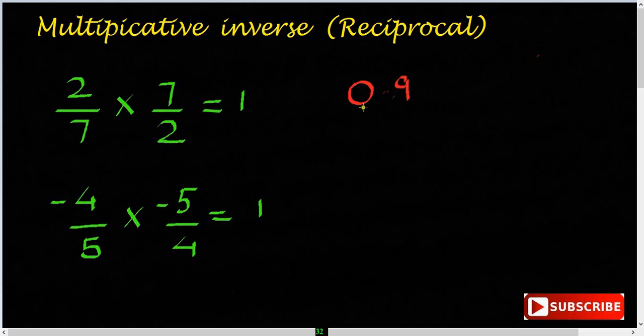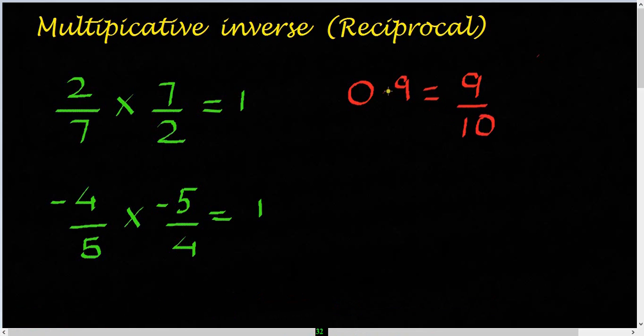That is the multiplicative inverse. If you have 0.9 and you have to find the multiplicative inverse of 0.9, first remove the decimal point. You can write 9 upon 10. How are you getting 9 upon 10? Because it is 0.9. After the decimal point, you have one number, so you'll get 1 zero.